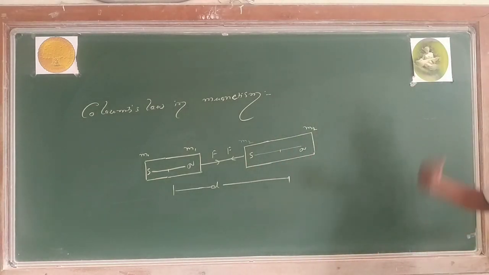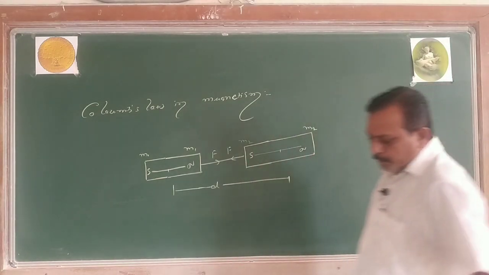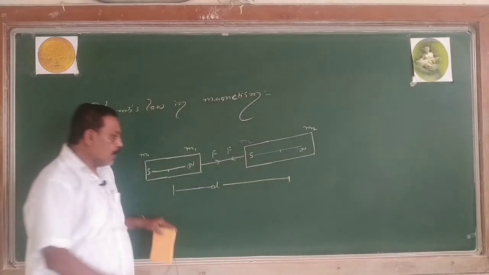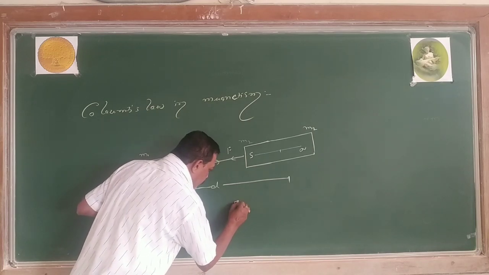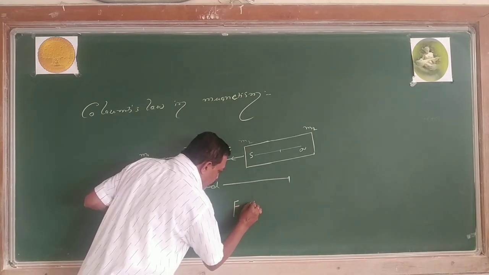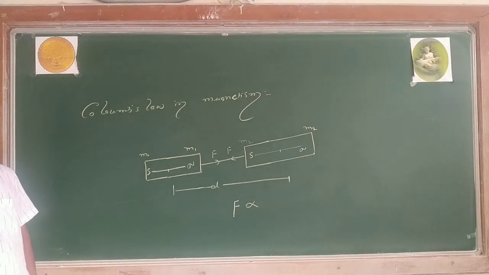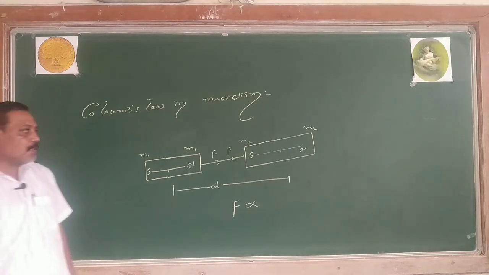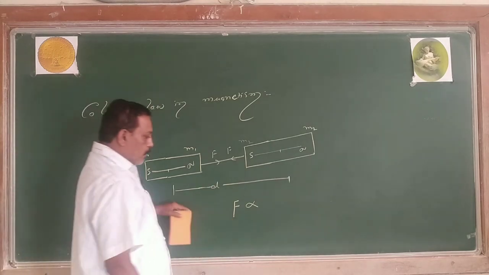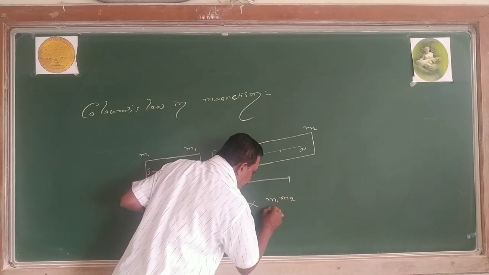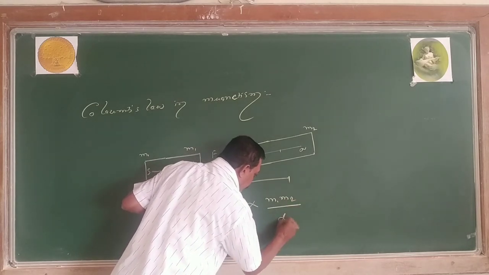So, what is the statement? Coulomb's law in magnetism states that the force of attraction or repulsion between the two pole pieces of the magnet is directly proportional to the product of their pole strengths, and inversely proportional to the square of the separation distance between them.